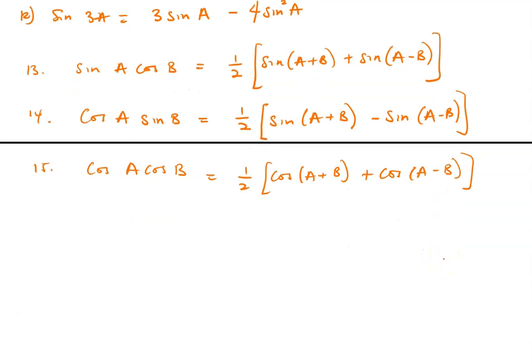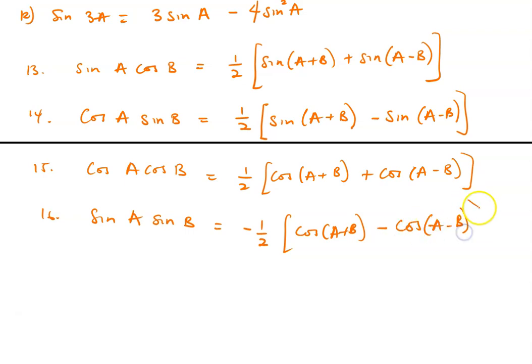Don't worry yourself proving them, because our focus is not on the proofs, but just to understand them, then you apply them in the tricks. So number 16, if I have sine a sine b, then it's going to be negative half into brackets cos a plus b minus cos a minus b.